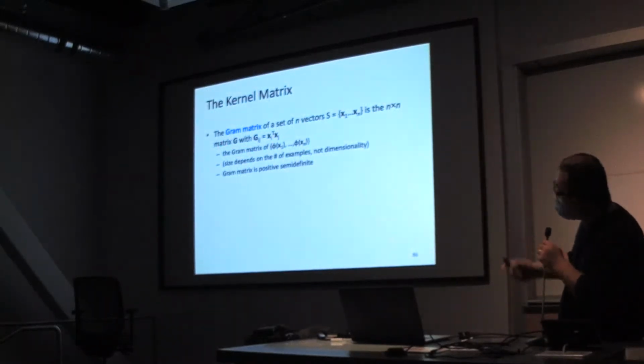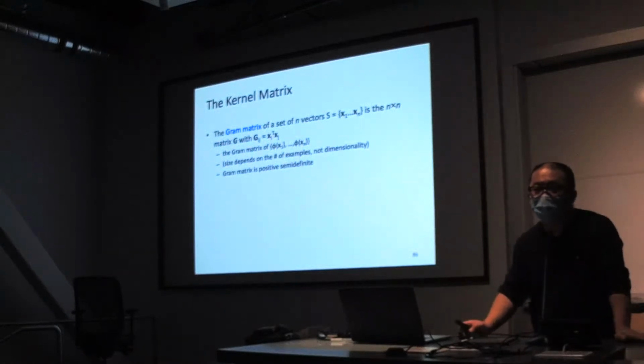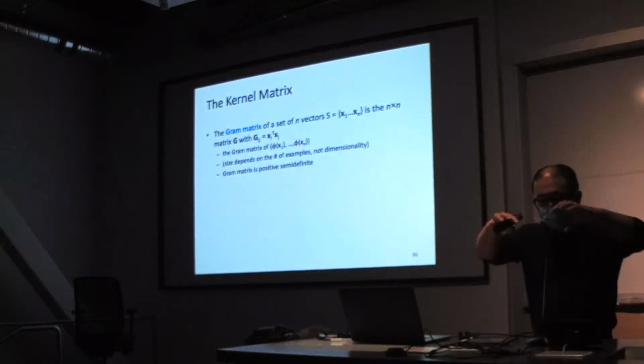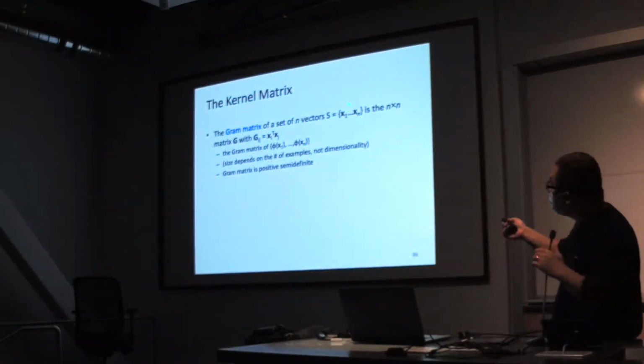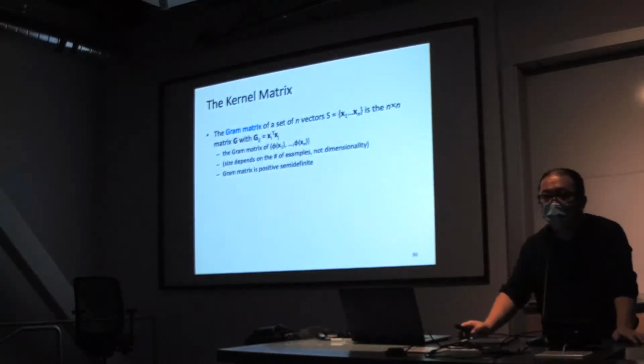This matrix G is called the Gram matrix. So the Gram matrix is essentially a matrix computed based on a finite set of vectors, and every element is just an inner product between two vectors.